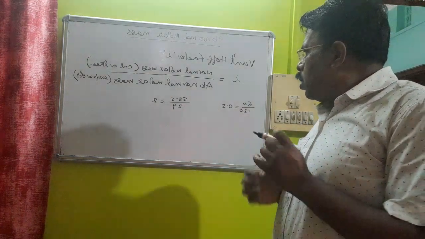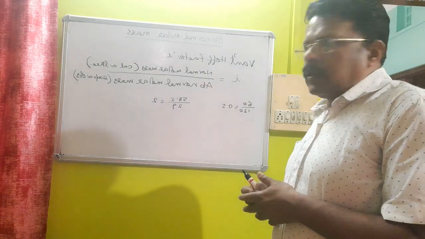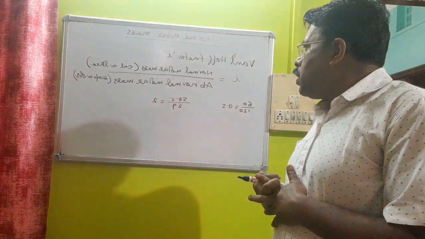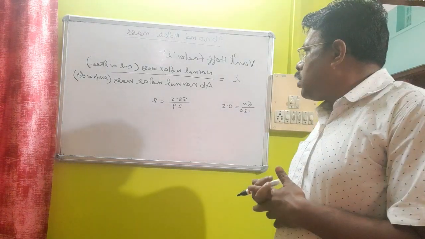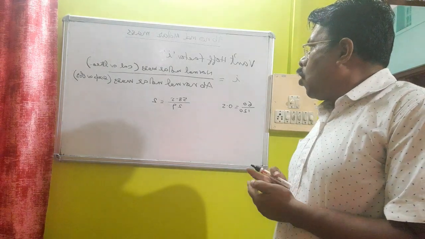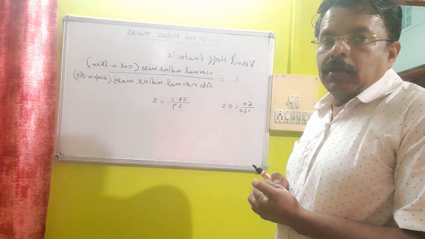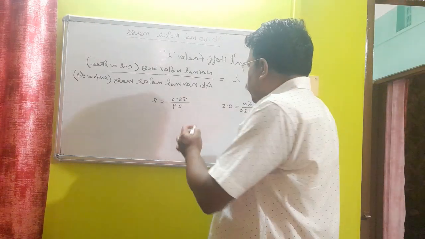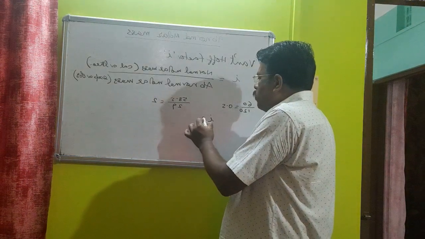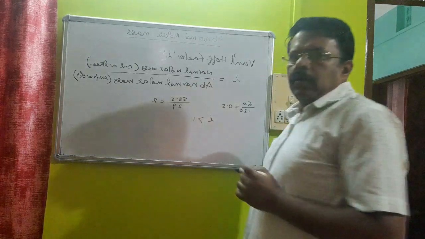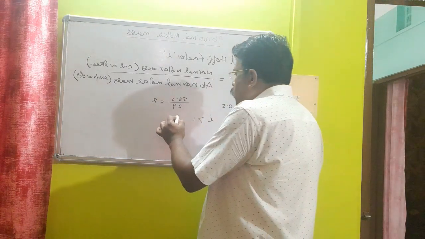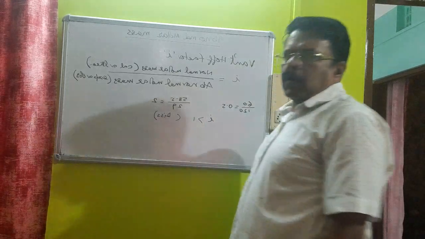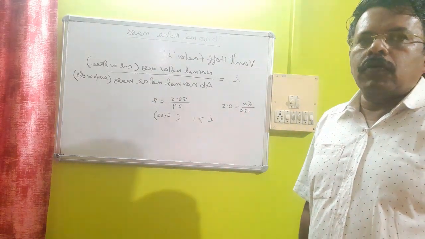So Van 't Hoff factor value can be more than 1, can be less than 1, or it can also be equal to 1. The value of Van 't Hoff factor i becomes greater than 1 if there is dissociation of solute.